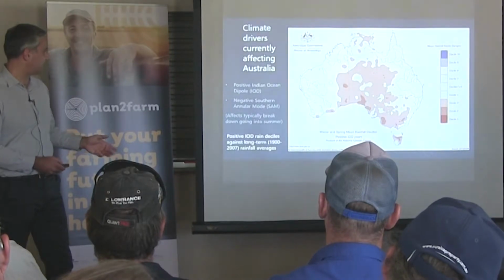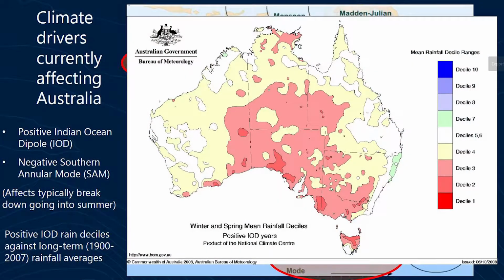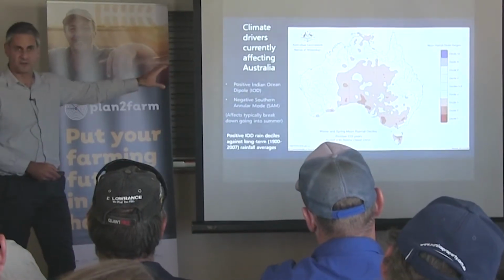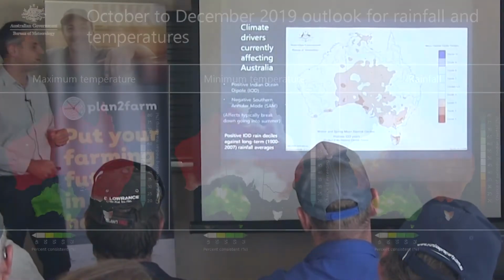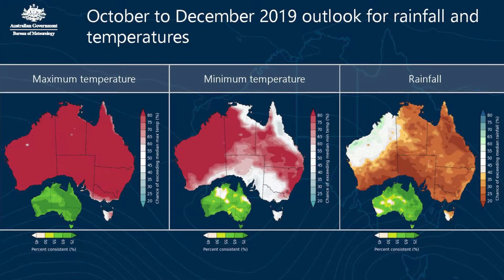Just to illustrate, the red bits on the map represent well below average rainfall. And that data there that's plotted is from a bunch of previous years where there's been positive Indian Ocean dipoles. So it just goes to show when that phase is in play, that's the kind of typical outlook we get, and that's why we're getting the dry rainfall outlook for the next 3 months, for October to December.